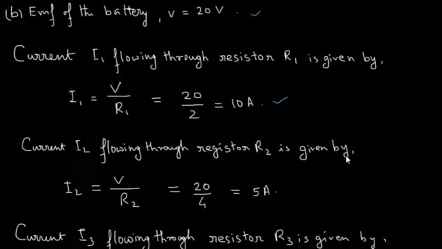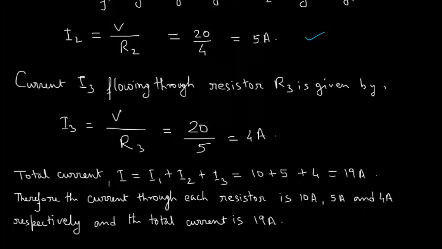Current I2 flowing through resistor R2 is given by I2 is equal to V upon R2, that is 20 upon 4, that is 5 ampere. Now current I3 flowing through the resistor R3 is given by I3 is equal to V upon R3, that is 20 upon 5, that is 4 ampere.